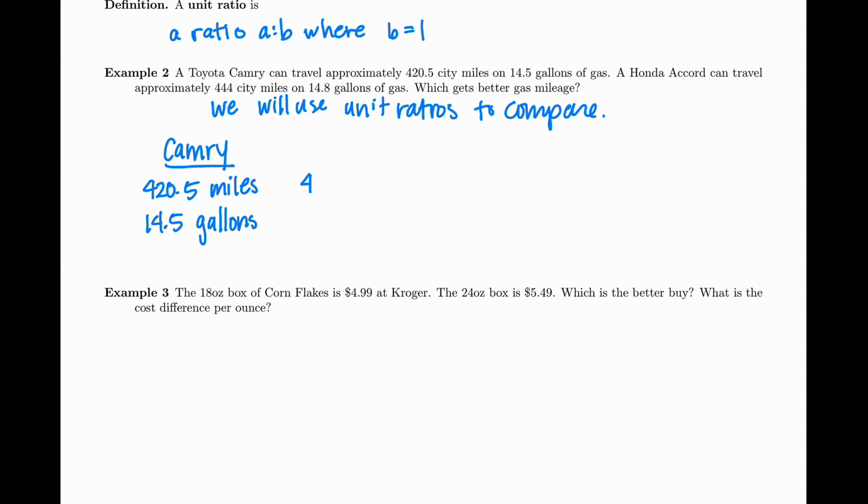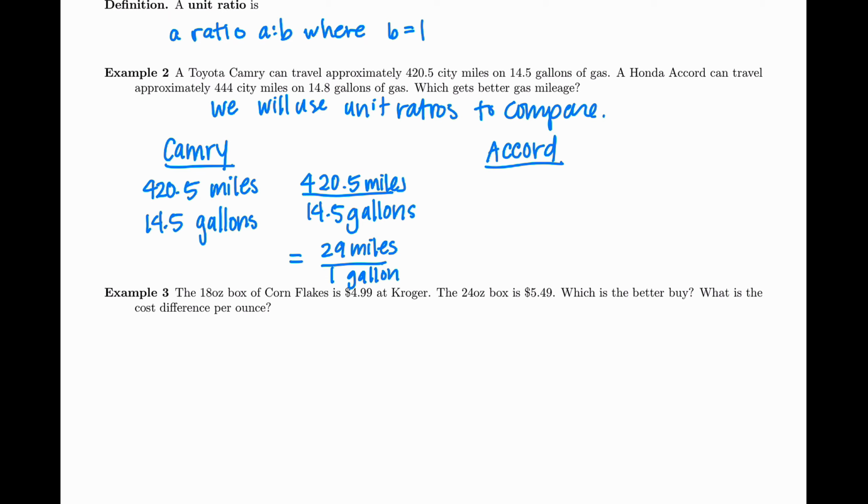So we can think of this ratio as 420.5 miles over 14.5 gallons. And if we simplify that, we can divide 420.5 divided by 14.5. You can grab your calculator to do that division. We get 29 miles per 1 gallon. That means the Camry gets 29 miles per gallon. Pretty good. So let's compare to the Accord.